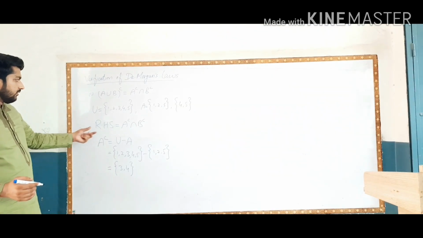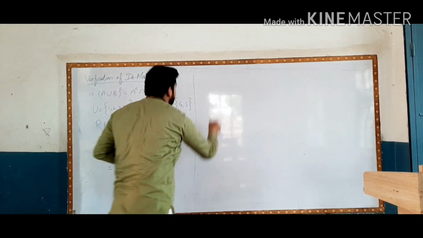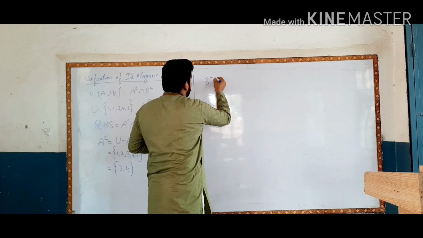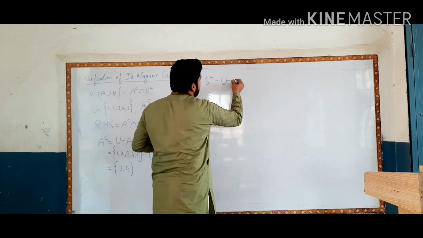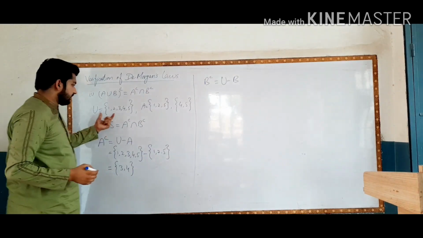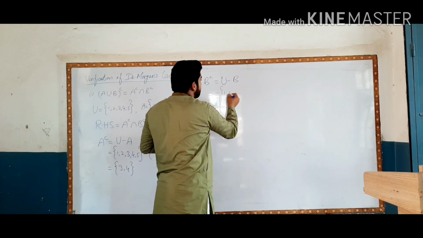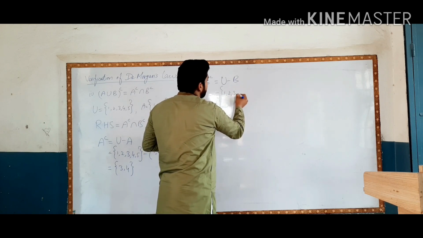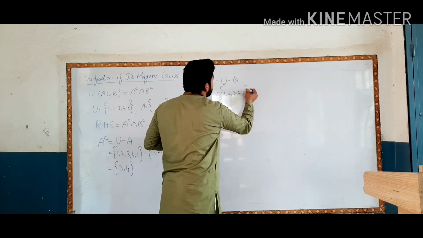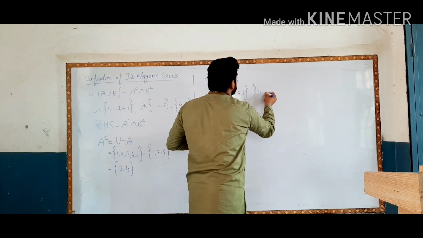Now we have to find the B complement. B complement is equal to U difference B. Take the universal set as it is, 1, 2, 3, 4, 5, difference B set, which is 4, 5.